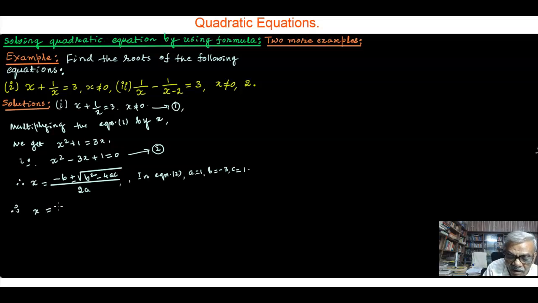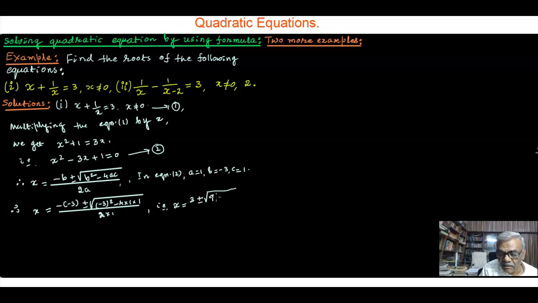and therefore x is equal to minus of minus 3 plus or minus root of minus 3 whole square minus 4 into a, means 1, into c, means also 1, divided by 2 into 1, and that is x is equal to 3 plus or minus root of 9 minus 4 by 2.